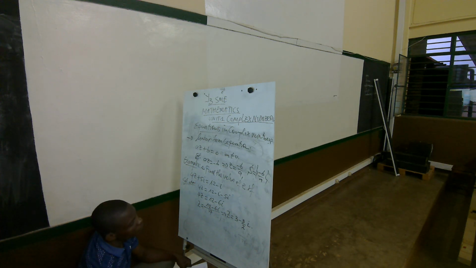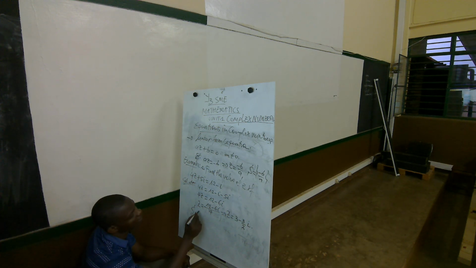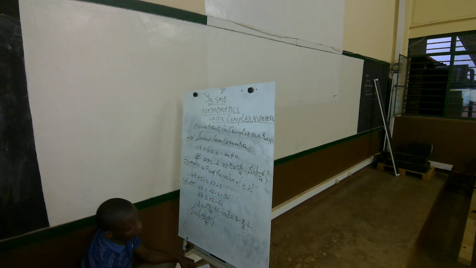So this is the value of z, or you can write the solution of z as (12 minus 6i) over 4. It's the same. Now, this is for the case of this question.